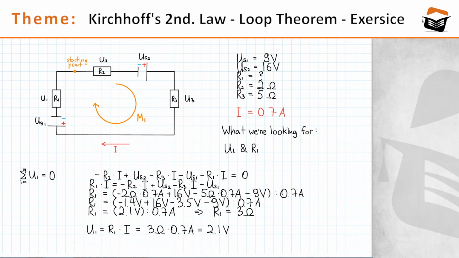Well, and this is how you apply Kirchhoff's second law to find unknown resistances and unknown voltage drops in your circuit or DC sub-circuit. And this is just one of the two Kirchhoff's laws.